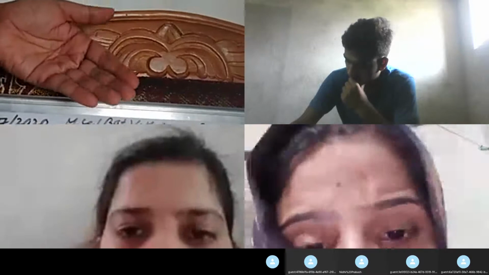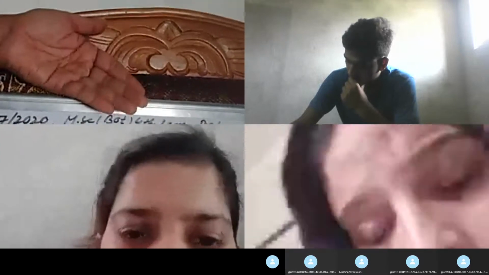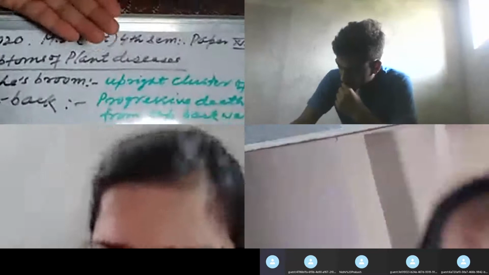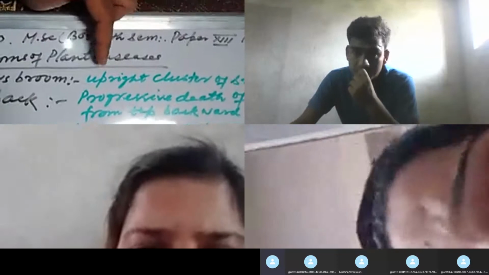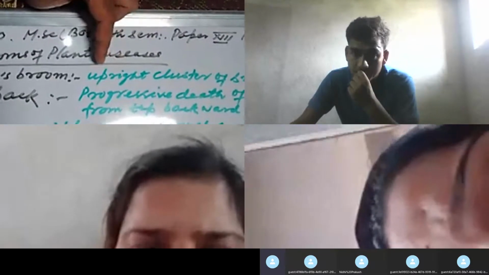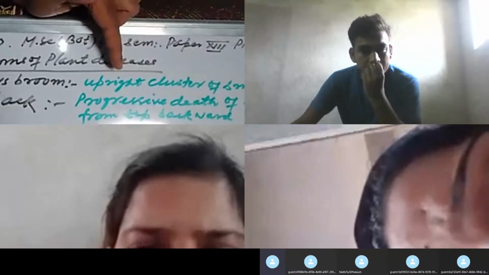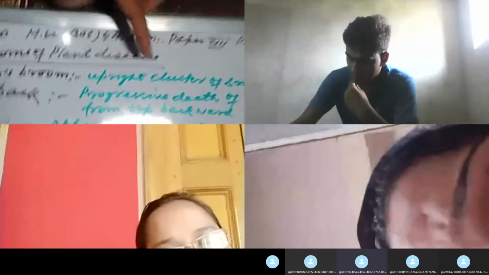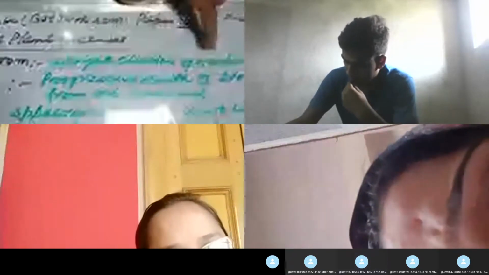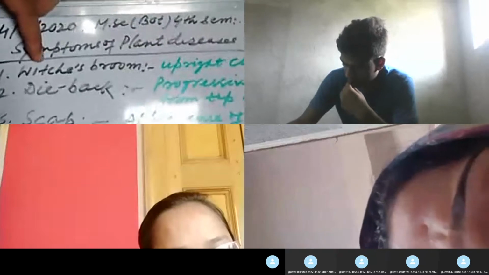You know that the branches are horizontal to the stem of the plants in nature. But in this case, the symptom witch's broom is characterized by the upright cluster, and all the branches will become upright. There is formation of upright, small branches or small shoots, and this symptom is known as the witch's broom.